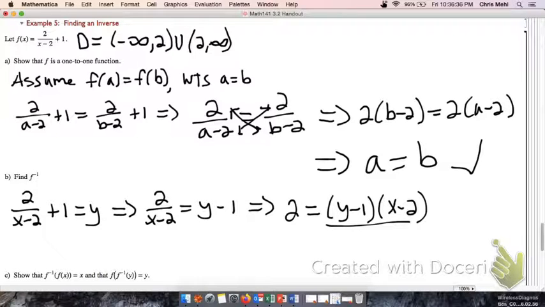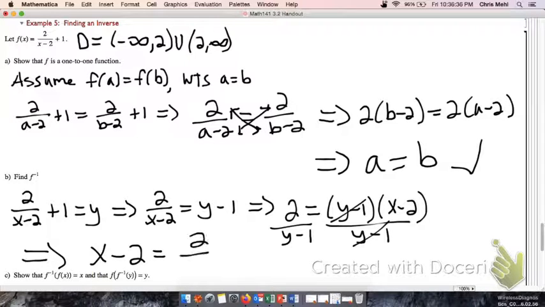And then I'll show you this step. If I'm trying to solve for x, I'm going to divide both sides by y minus 1, which cancels it on the left. So now what I have is that x minus 2 equals 2 over y minus 1. Sorry for running out of room here.